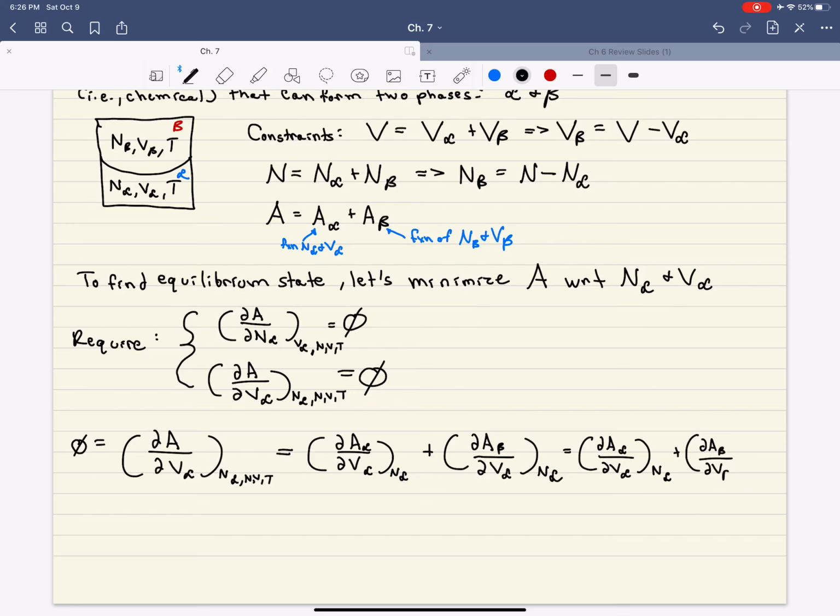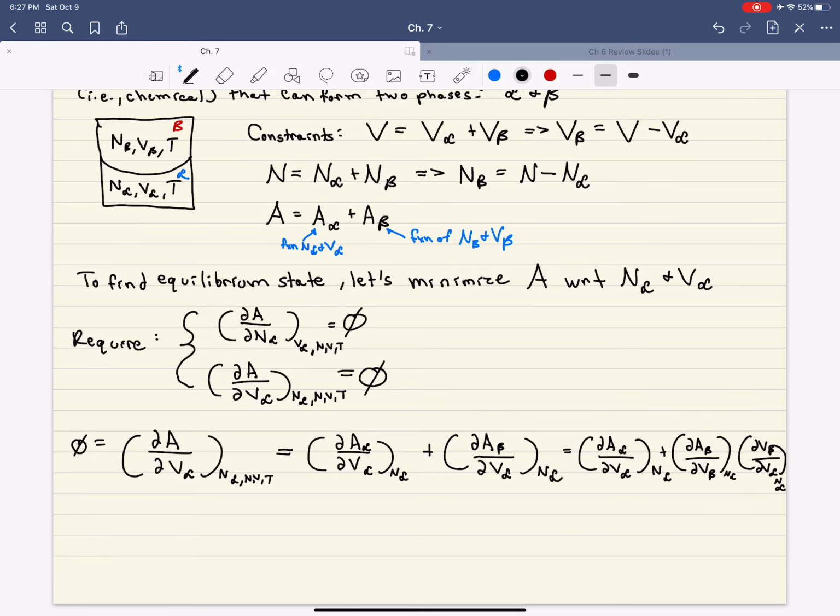So now on the bottom we'll have V beta at constant N alpha, and multiply it by dV beta over dV alpha. That's hard to read. Let's see if I could get a little bit more room by moving this over. dV beta over dV alpha, constant N alpha. Okay? All right, so we expanded the partial derivative like that.